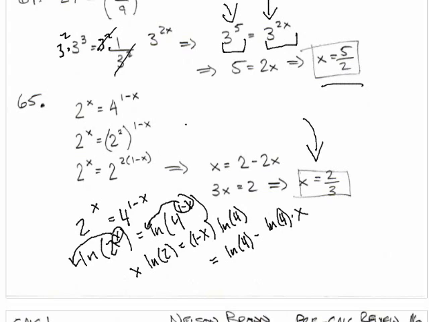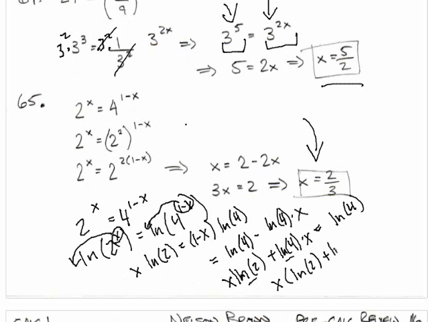Put all the x's on the same side, so I would get x times the natural log of 3 plus the natural log of 4 times x equal to natural log of 4. Factor out the x from both of these two terms, and I would get x times the natural log of 3 plus the natural log of 4 equals the natural log of 4.